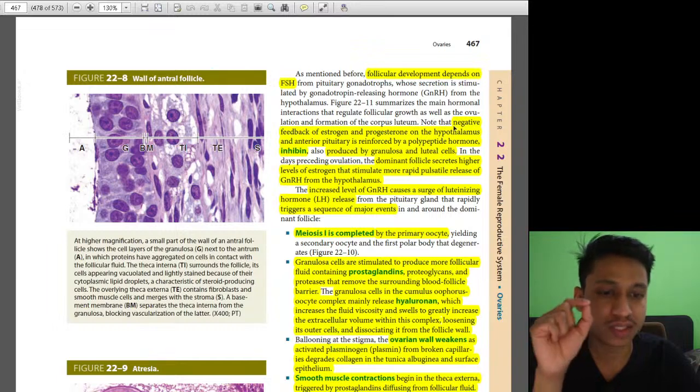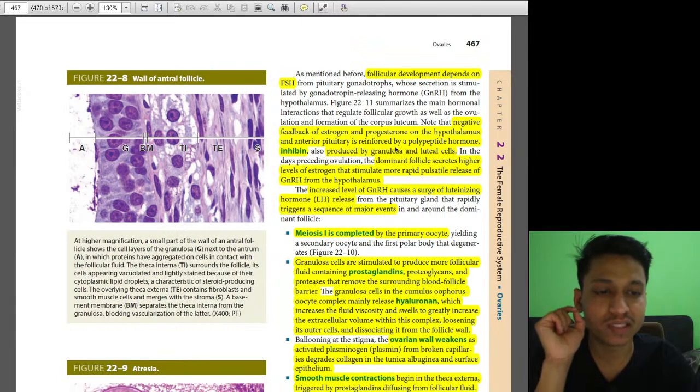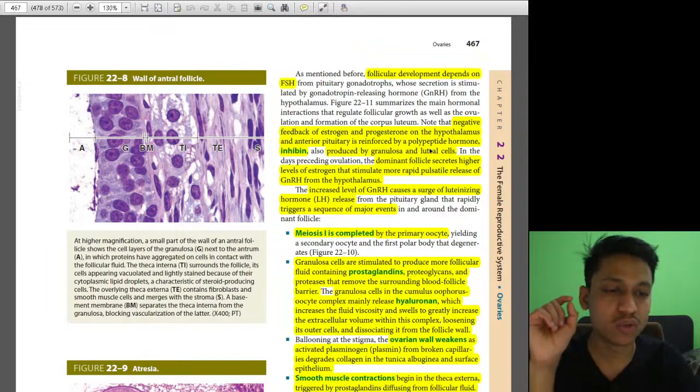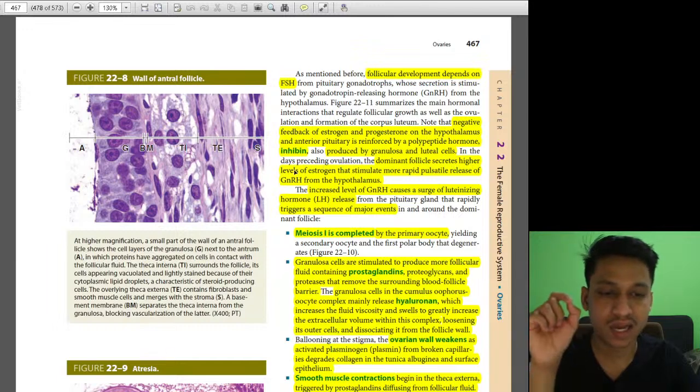Okay, note that negative feedback of estrogen and progesterone on the hypothalamus and anterior pituitary is reinforced by the polypeptide hormone inhibin, also produced by granulosa and luteal cells. In the days preceding ovulation, the dominant follicle secretes higher levels of estrogen that stimulate more rapid pulsatile release of GnRH from the hypothalamus.